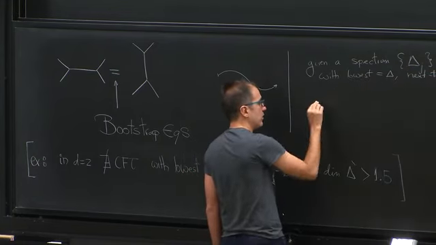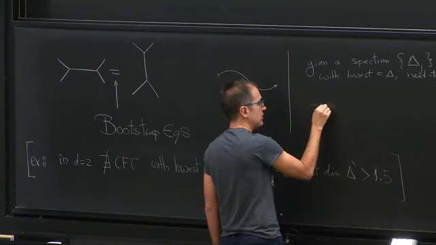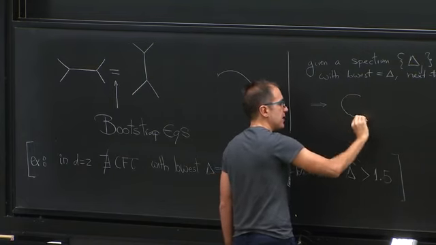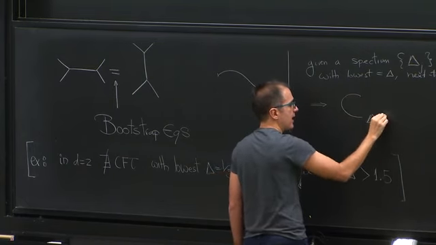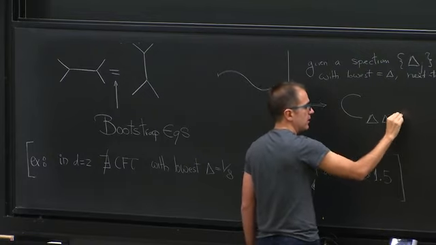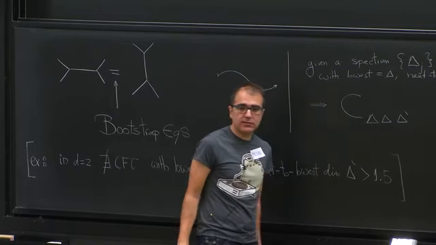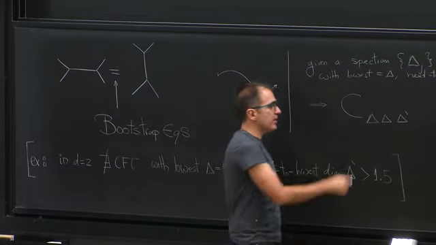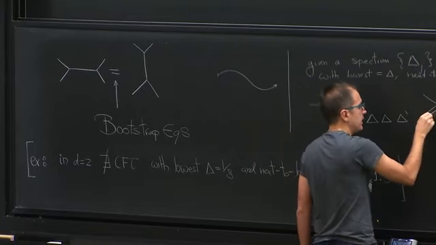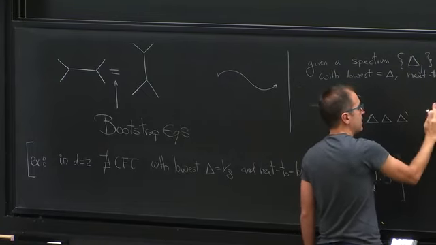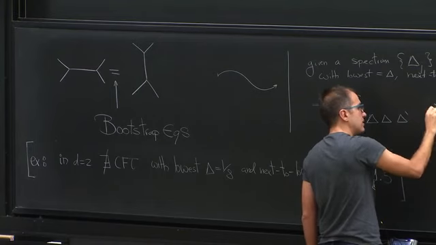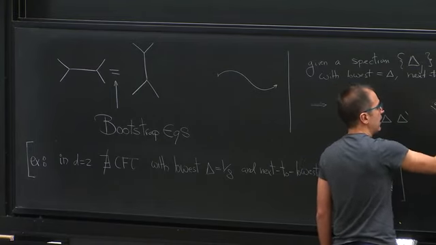Then, using the bootstrap equations, we could show that, for example, the structure constant between the 2 lightest operators and the next to lightest is bounded and needs to be smaller or equal than some number.